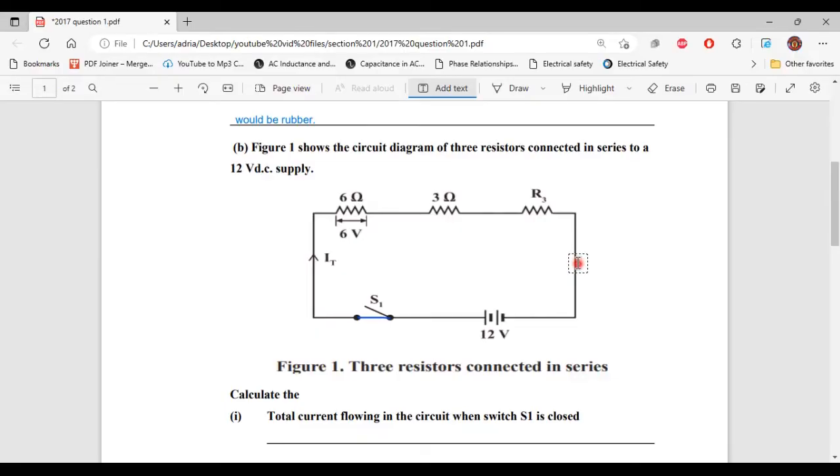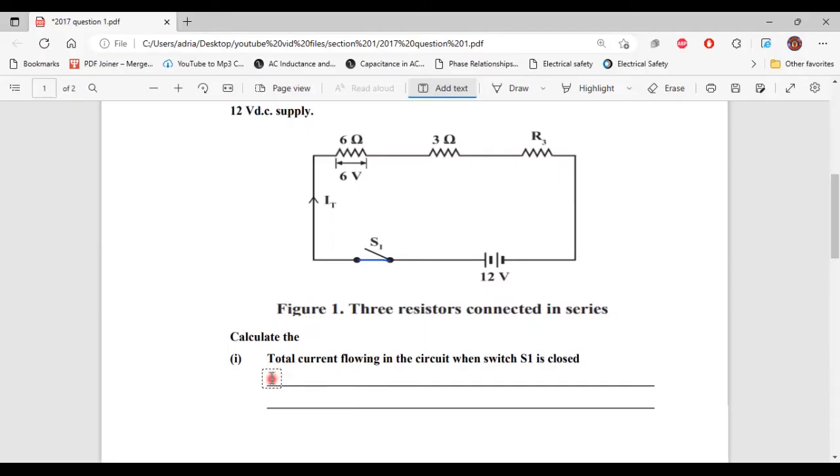So we can use the values for R1, that is the 6 ohm resistor value, and the voltage drop, which is 6 volts, to calculate the total current, because the current is constant or the same throughout the circuit.